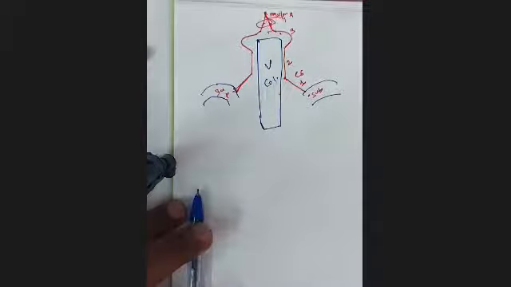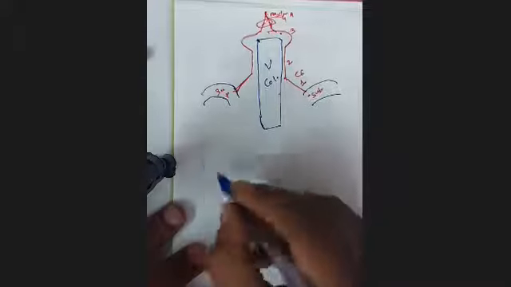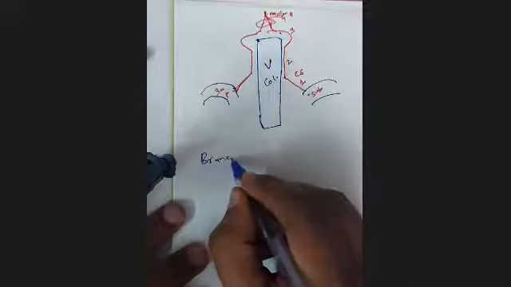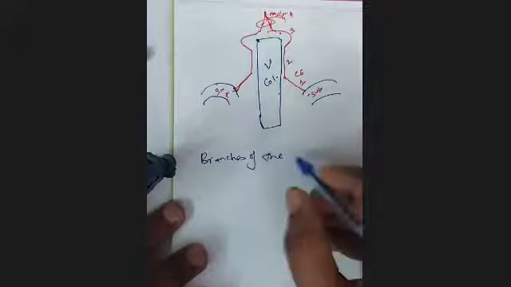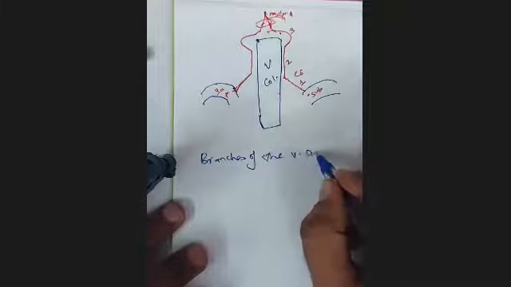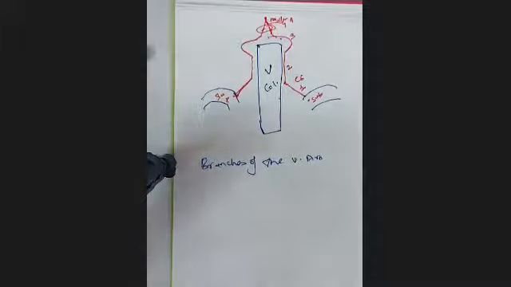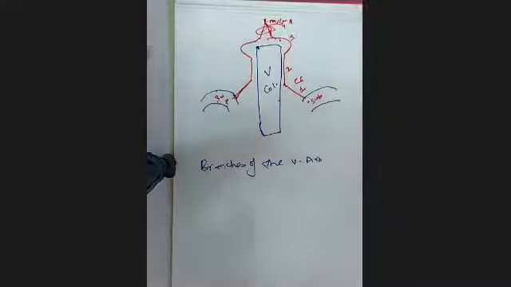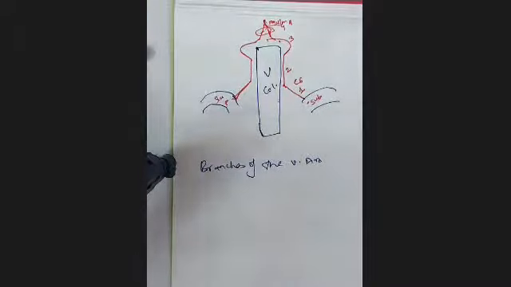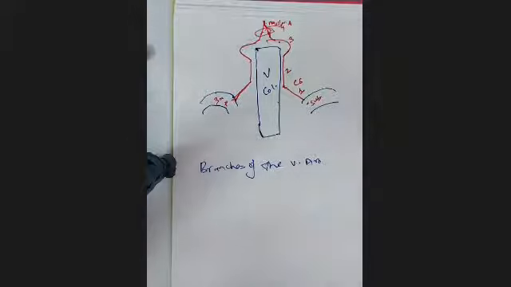Now, what are the branches of the vertebral artery? Intracranial part has 5 branches, that all of us know, right? Now, before that, let us see what the other branches of the vertebral artery are.